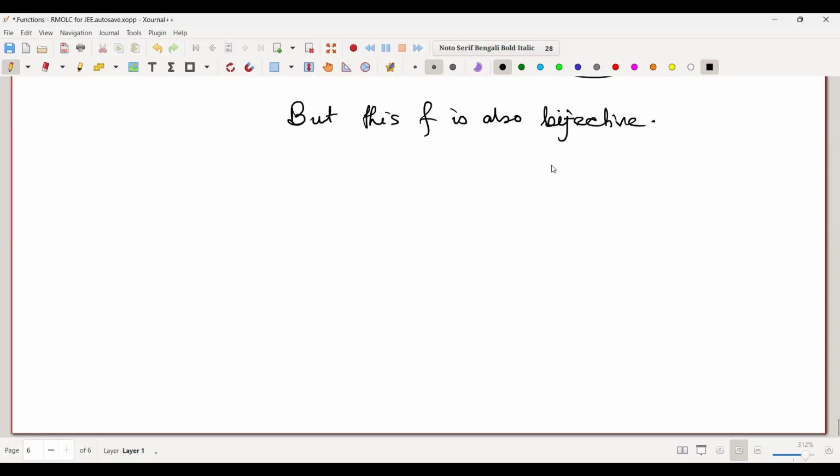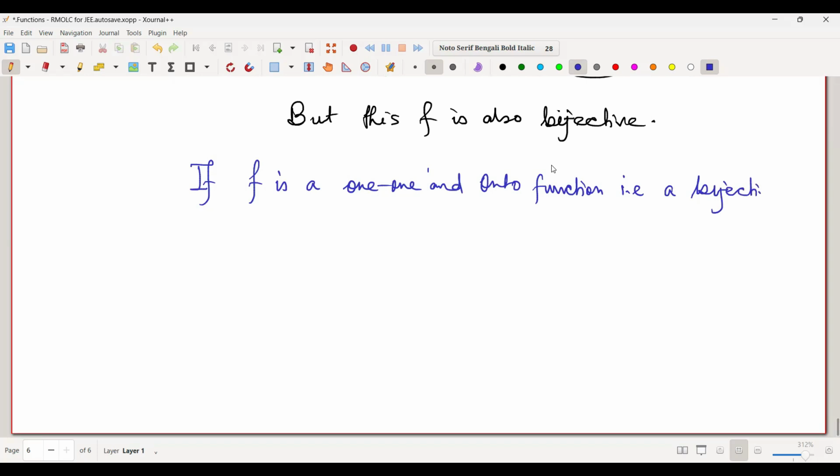So if f is a bijective function, if f is a one-one and onto function, i.e. a bijective function, then f has an inverse function.